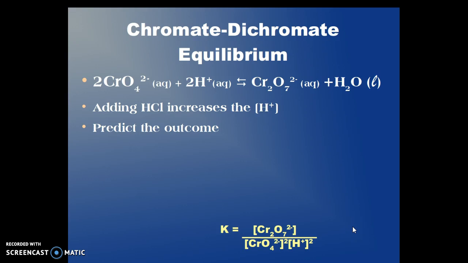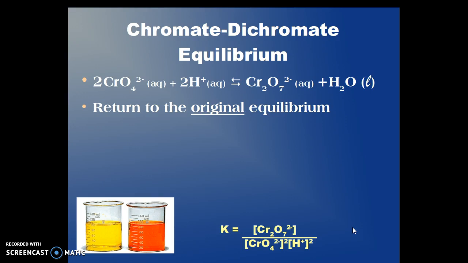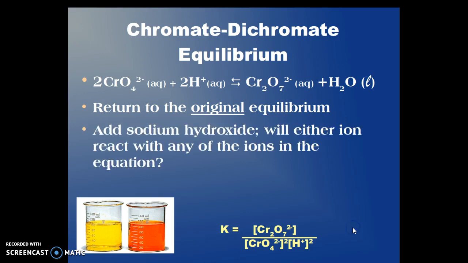What you will first do is add hydrochloric acid to increase the hydrogen ions and the chloride ion concentration. You'll predict the outcome of that. Then you'll return to the original equilibrium and you'll add sodium hydroxide. And you need to ask, will either ion that's present in the equilibrium react with any of the ions in the equation that you see there?